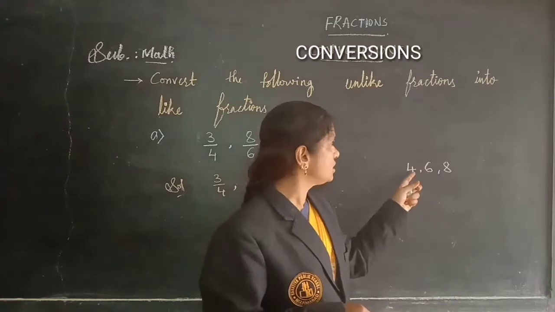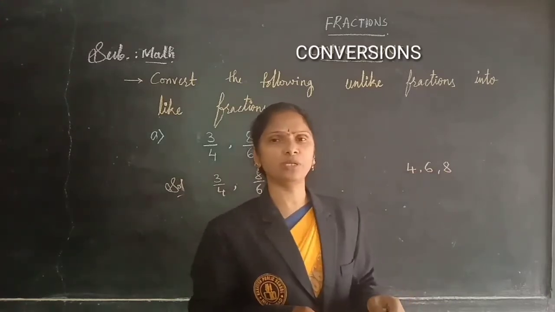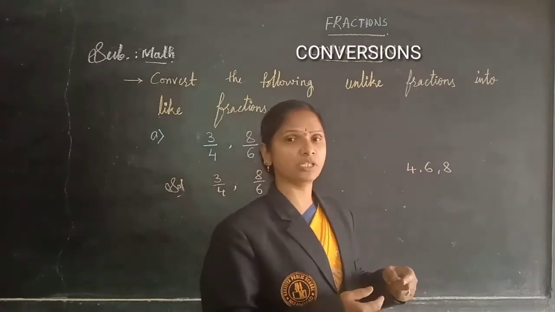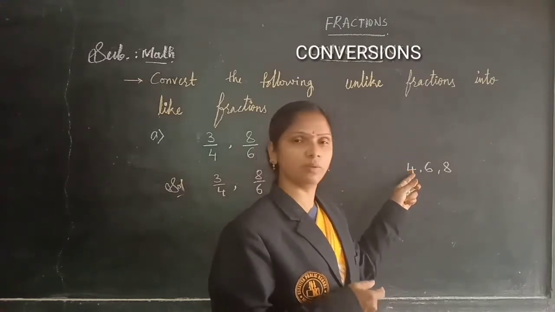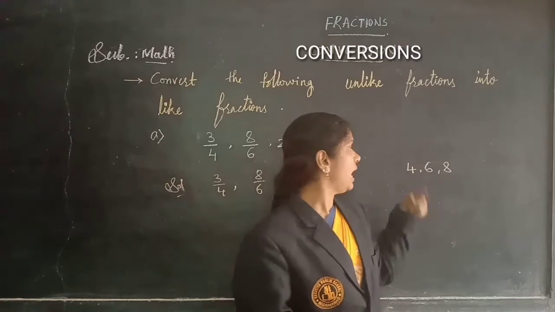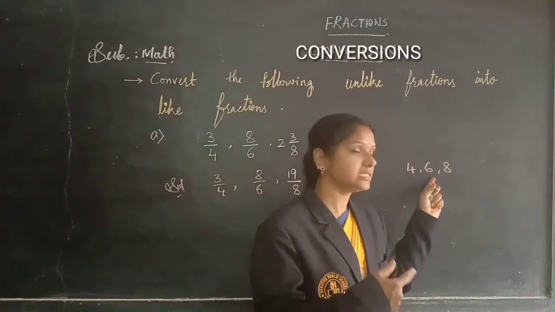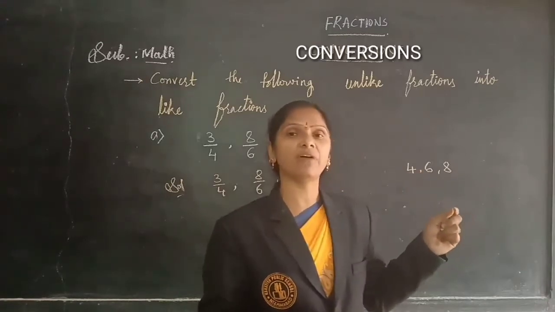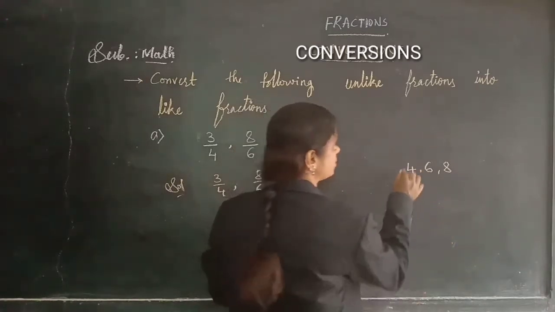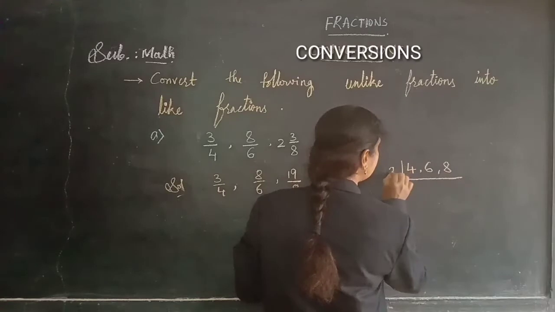In which table is it possible? In the 2 table it is possible. In the 2 table you will get 4, in the 2 table you will get 6, and in the 2 table you will get 8. So these three numbers can be divided by 2, so we can take the 2 table.